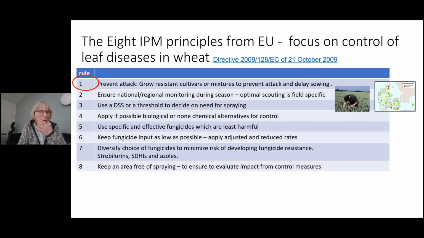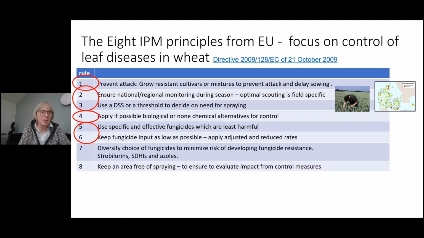Sorry for this. Well, the 8 IPM principles, which I think are familiar to most, are about preventing attack of diseases, monitoring and threshold use, using as little as possible of the traditional chemistry, alternatives if possible, specific fungicides, and keeping fungicide input as low as possible.